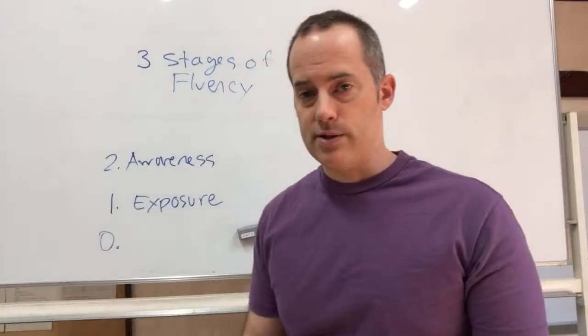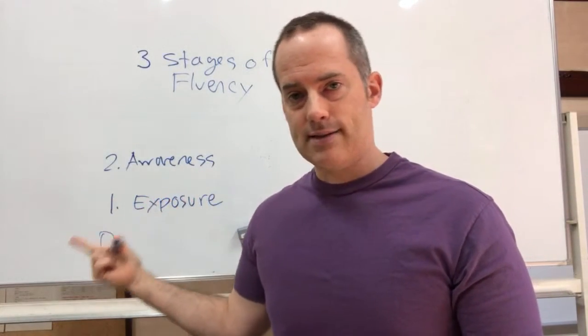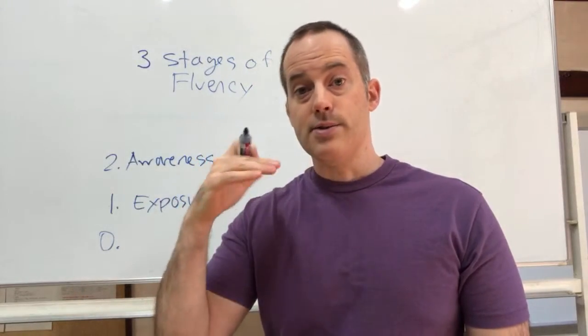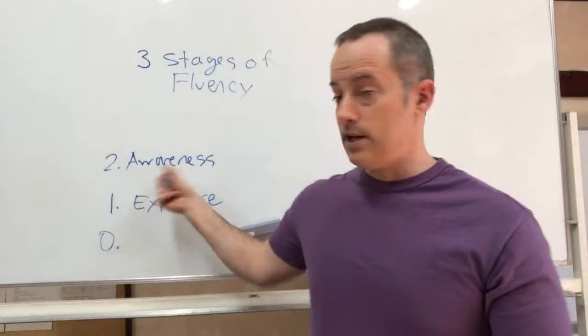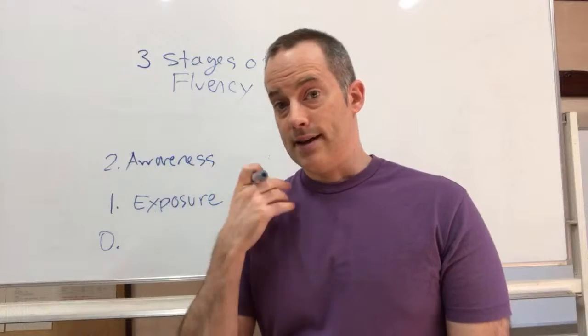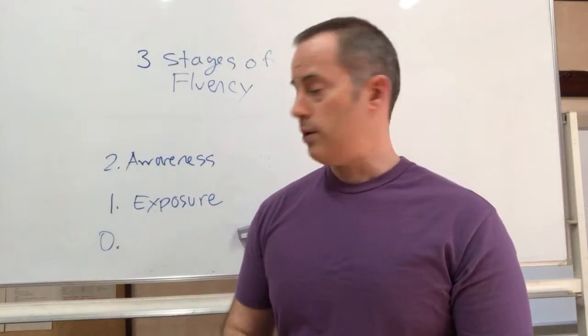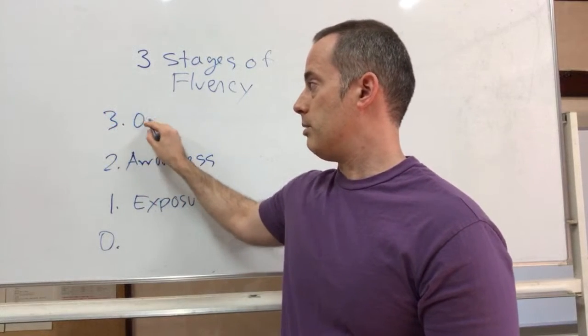I'll talk about the 3rd step in just a moment, but awareness is where most people get stuck. They understand a lot of English. Certainly the people I help, they understand a lot of English. They know a lot of English. They can watch these videos of me talking. It's nice and clear, you can follow what I'm saying. But trying to get to the 3rd level up here, which is ownership.